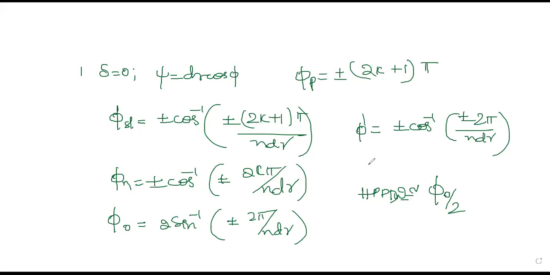Write down the question, ma'am. Yeah, we'll solve the problem tomorrow. Write down the question and keep. A linear array has 4 isotropic point sources with separation between each source lambda by 2.